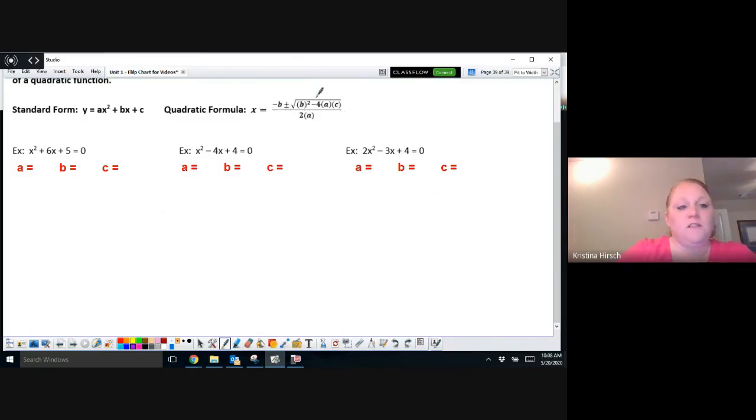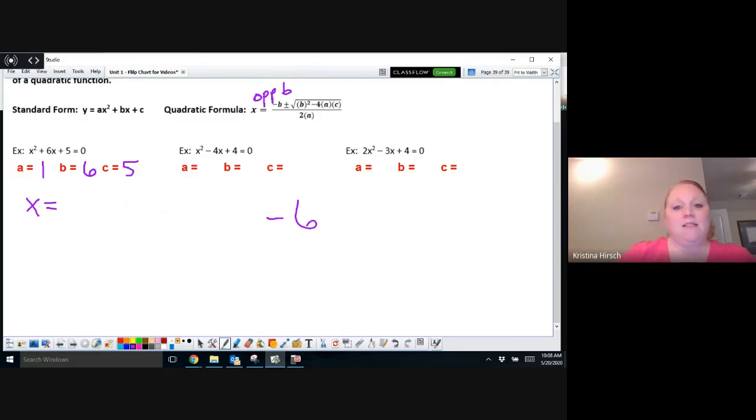All right, so if you looked at the first example, A is 1, B is 6, and C is 5. So if I substitute into my formula, I'm going to have x equals -b, and I like to think of this as opposite b. Because if you had -b, like in this case, b is 6, so if I had negative b, well, -6.